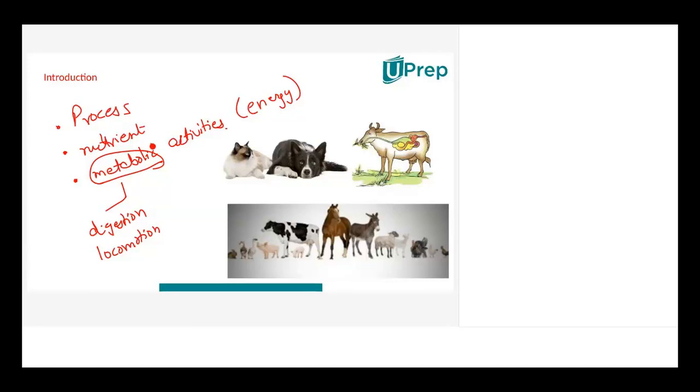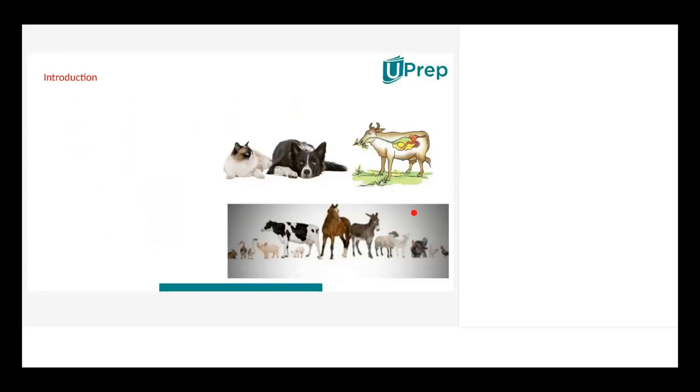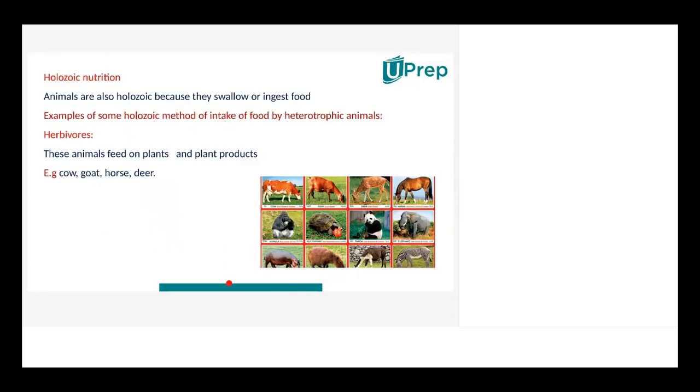You need this maybe for different activities, various activities, right? Thinking, using of coordination of body parts, various activities you would require. So these are all metabolic activities, right? So to keep these metabolic activities on, you have to have nutrients, correct?